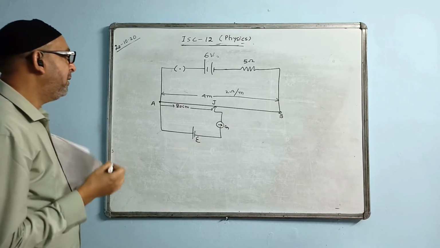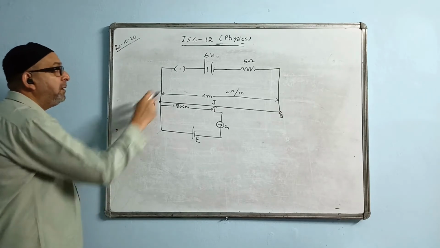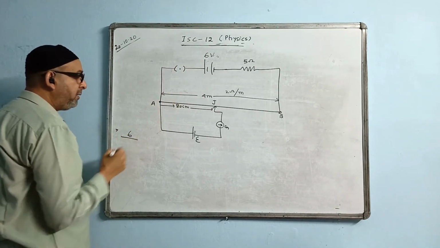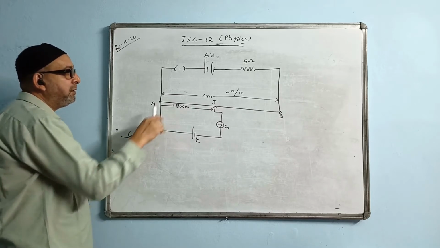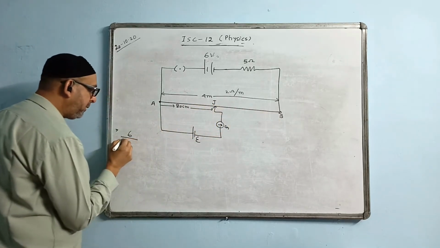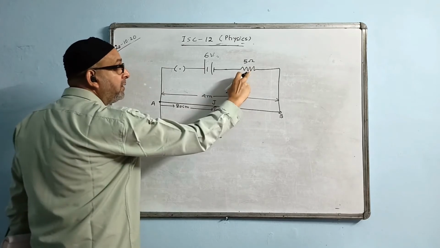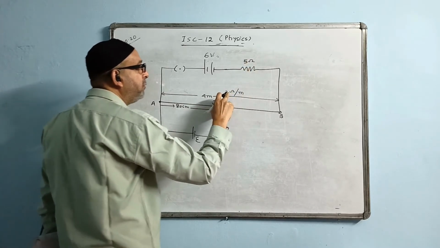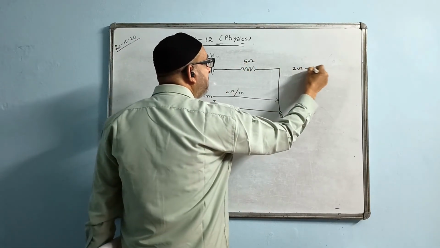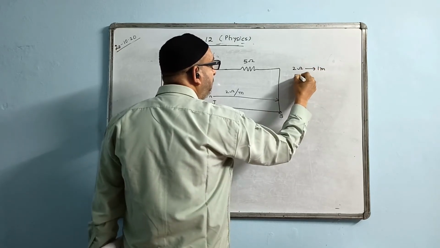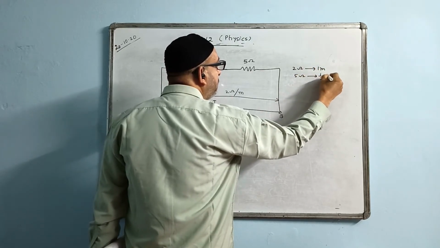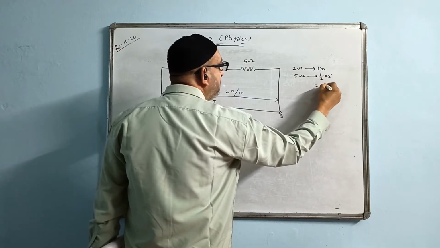How do we find it? The idea is very simple. 6 volt is applied across which length? The total length is 4 meter, so take 4 meter here. But this resistance is also there, so we will convert it into length using the unitary method. 2 ohm is the resistance of 1 meter. Therefore 5 ohm is the resistance of how much? 1 by 2 into 5, that is 5 by 2, 2.5 meter.